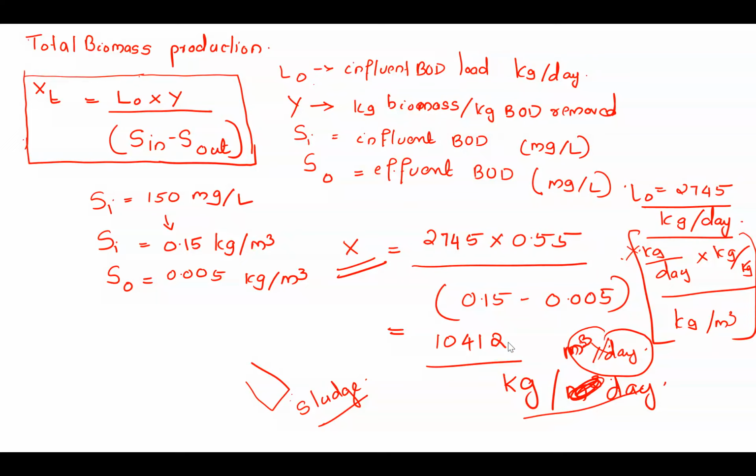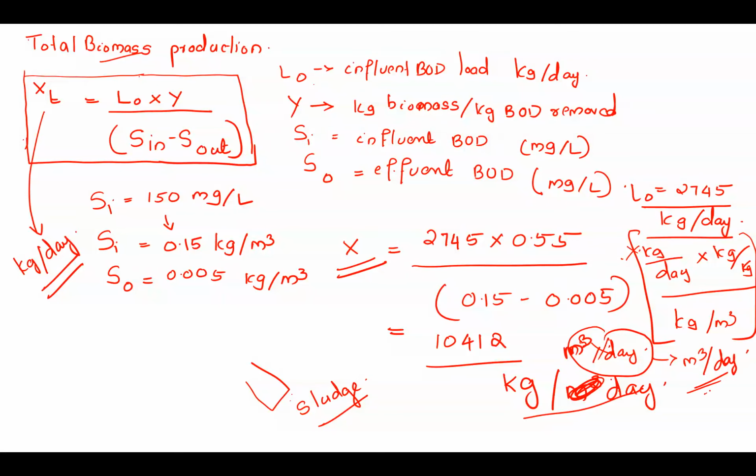Yes, you have to write it like this, because for the total mass production you have to take kg per day. As I have done it multiple times, when we cancel out the units, meter cube per day is coming.